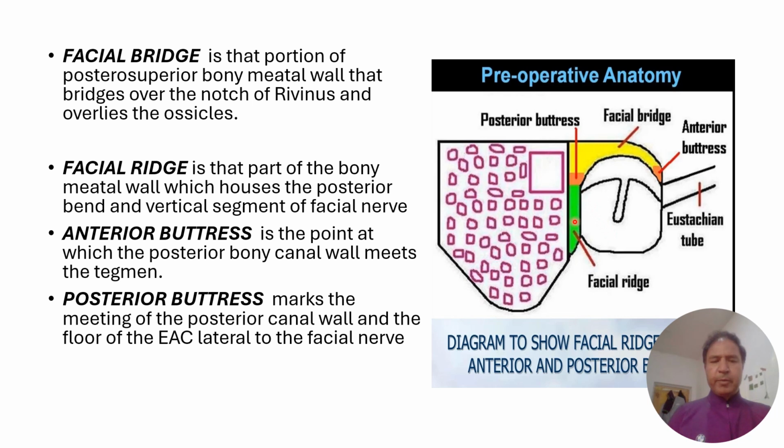The facial ridge is the part of the bony meatal wall which houses the posterior bend and vertical segment of the facial nerve. Here lies the vertical segment of the facial nerve. This is the facial ridge. The anterior buttress is the point at which the posterior bony canal wall meets the tegmen.